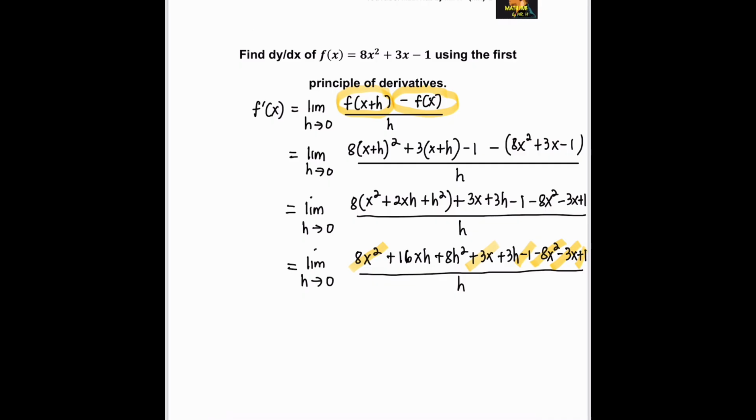All right. So basically the idea here at the end of this process is for this h to disappear. All right.